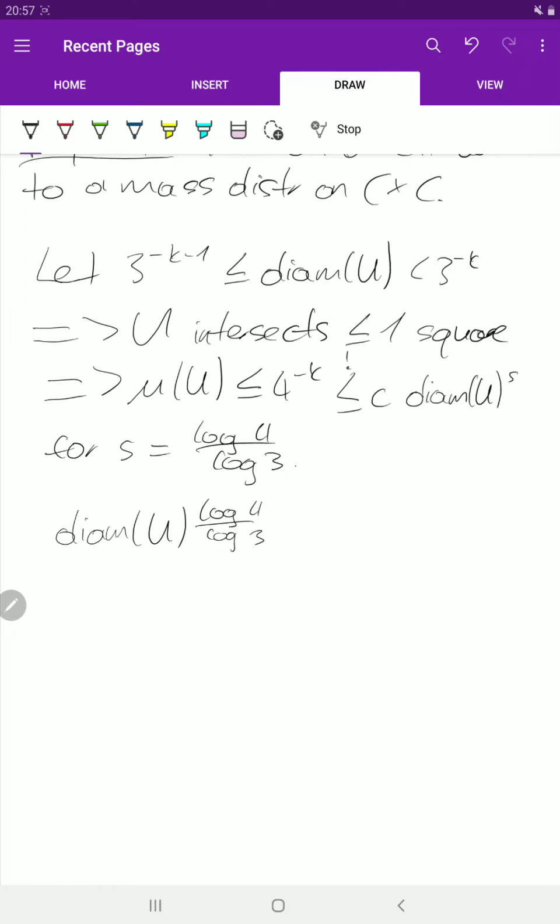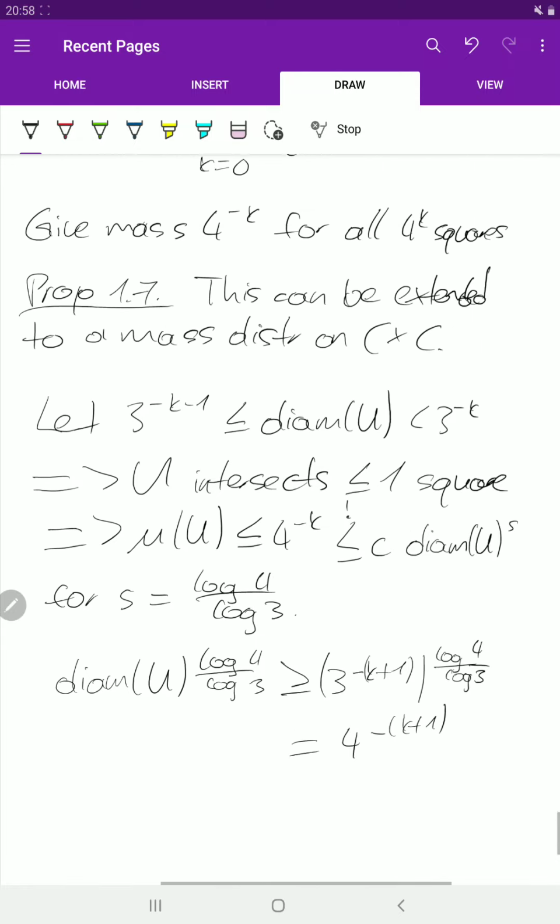And now this is bigger than or equal to 3 to the minus k plus 1 to the log 4 over log 3, which is equal to 4 to the minus k plus 1.